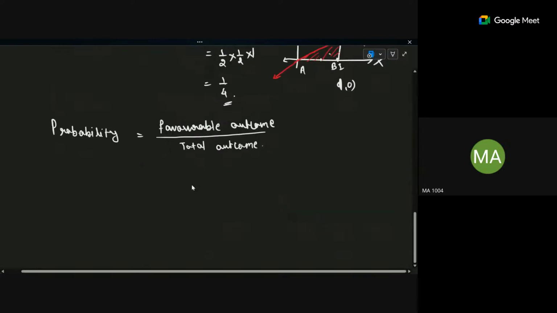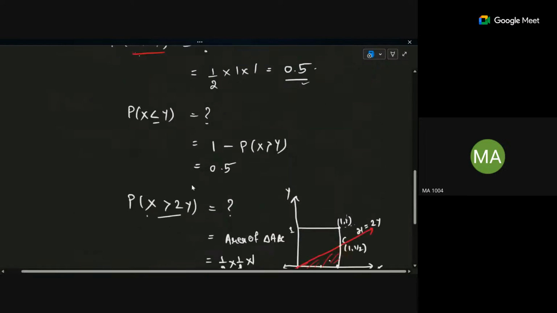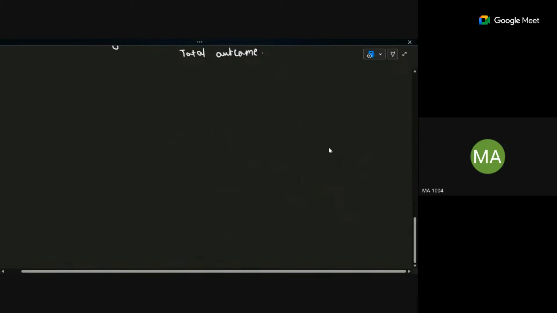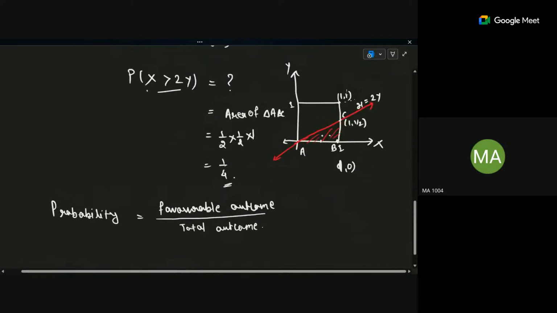But whenever there are two random variables, we say joint density function, not PDF. PDF is the probability density function of a particular random variable. Here we are dealing with two random variables, so it is about the joint density, because we are considering points where x is taking value 1 and y is taking value 0, or x is taking value 0 and y is taking value 0.